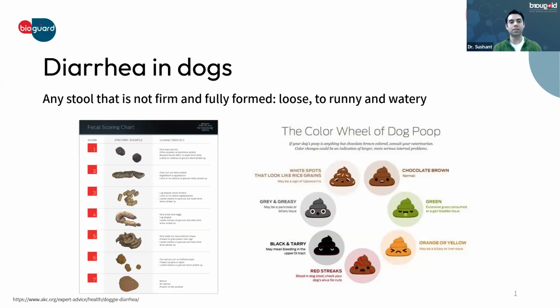There is a chart vets usually follow to understand the characteristics of stools based on the color of the stool, as well as the thickness or looseness of the stool. On that basis, we can see whether the dog is having some issues inside its gastrointestinal system.